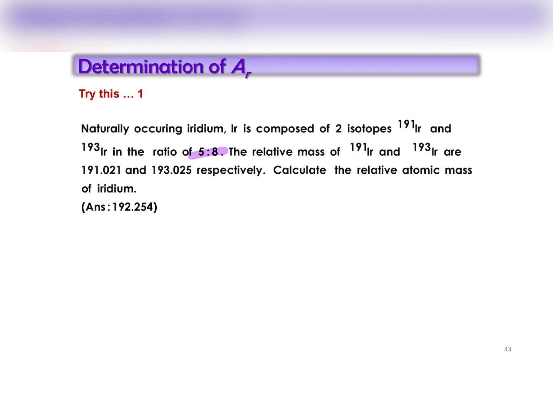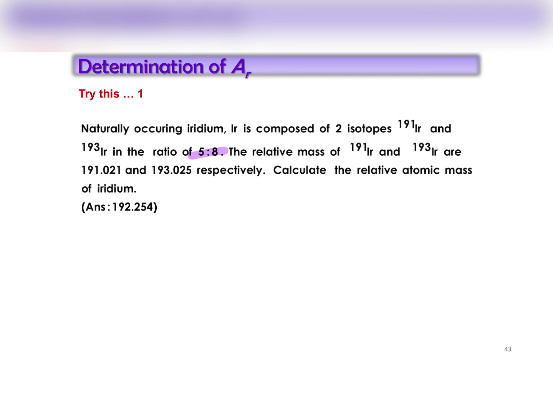Let's have a look at this extra exercise. Naturally occurring iridium is composed of 2 isotopes. This is the first one and this is the second one. You are given the ratio 5:8, which means this one is 5 and this one is 8 respectively, in order.